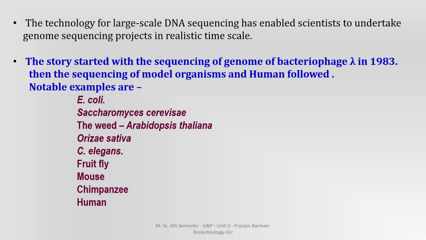So many more organisms are being sequenced almost at a time. One time will come when all organisms listed till date will have genomic sequences available. The story started with Bacteriophage lambda, which was sequenced in 1983.